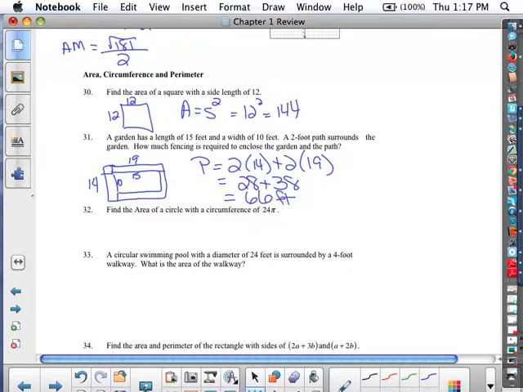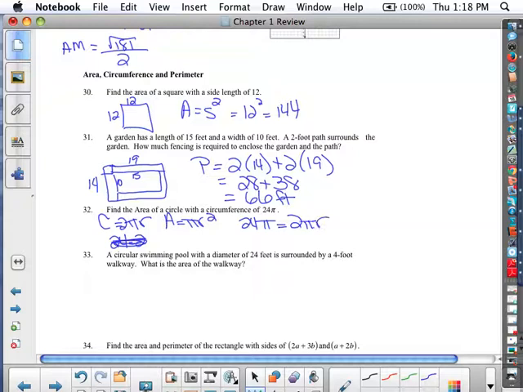32, find the area of a circle if the circumference is 24 pi. Remember, circumference is equal to 2 pi r. Area is equal to pi r squared. So if you have the circumference, you set that value equal to the formula: 24 pi is equal to 2 pi r.